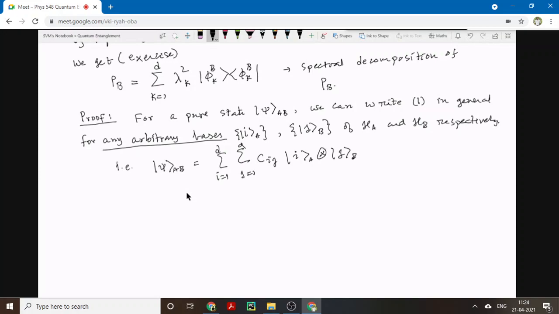Okay, and as we noted, when you consider all these coefficients Cij, I will denote it as some C matrix, it is a Hermitian matrix. Now we can diagonalize this Hermitian matrix. So C can be diagonalized.